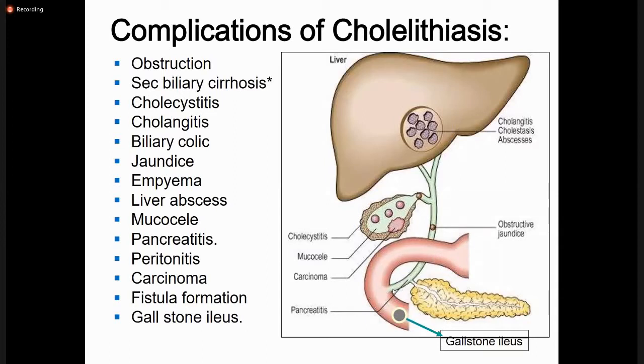And sometimes as inflammation subsides, this may allow passage of the bile into the duodenum, and there might be intermittent jaundice. That's why intermittent jaundice occurs in cholelithiasis. Now, these are basically all the complications that may be encountered with gallstones. We're going to see a pictorial view ahead in the next slides.